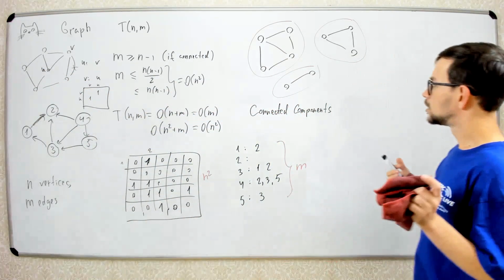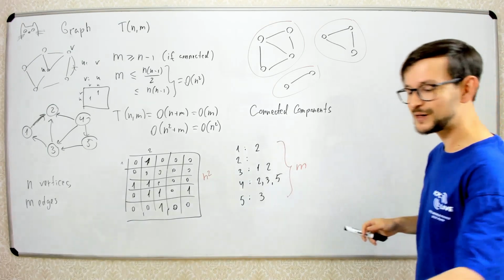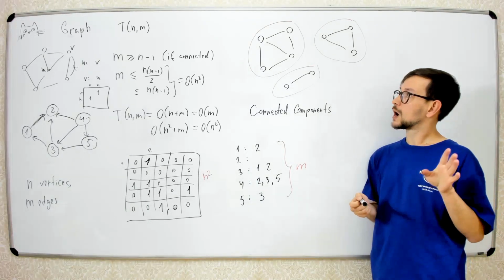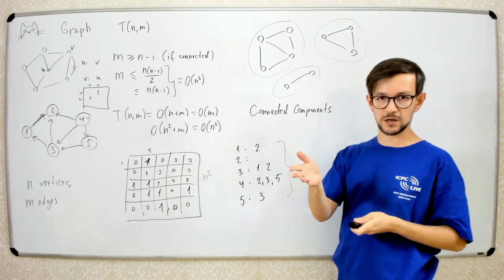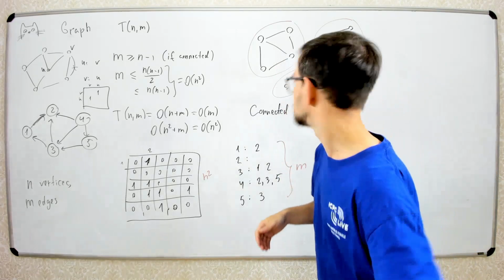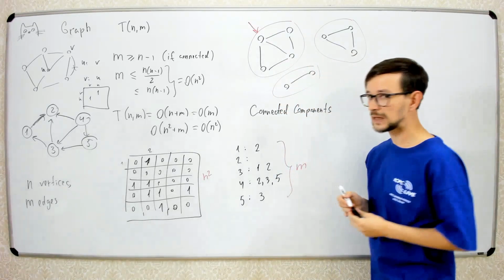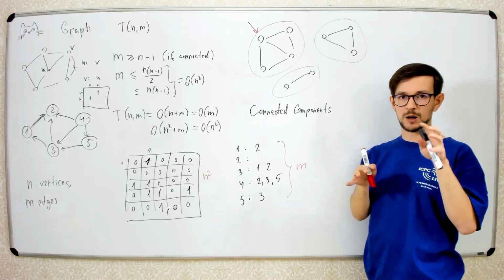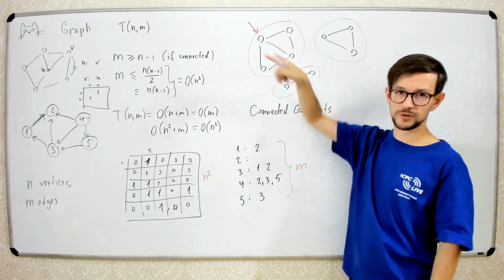Cool. Now let's write the first algorithm. The algorithm will work like this. You have your graph. You take any vertex of your graph, for example this vertex. Now I will call a recursive procedure which will mark all the vertices connected to this vertex.